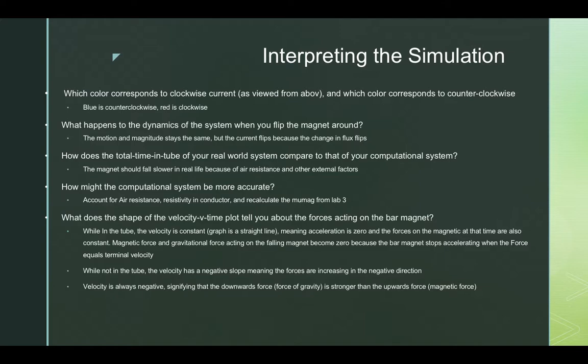This is when the magnetic force and gravitational force on the falling magnet equal each other, because the bar magnet stops accelerating when it reaches terminal velocity. Then, not in the tube, the velocity has a negative slope, which means the forces are increasing in the negative direction, and we also know that velocity is negative, signifying that the force of gravity is stronger than the upwards force, which is the magnetic force.